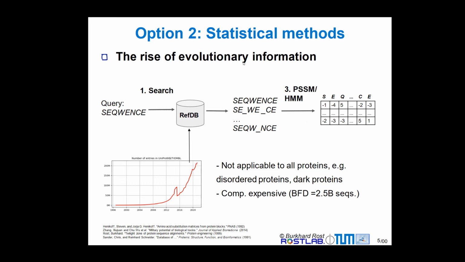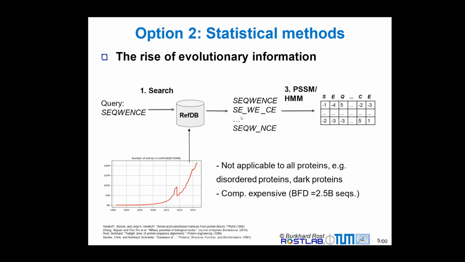This is then what we call evolutionary information, and you can condense this evolutionary information in multiple sequence alignments, where you just summarize all the related proteins you found to your query protein in these reference databases. And then you can summarize, again, the multiple sequence alignment in concepts like position-specific scoring matrices or hidden Markov models. So in the simplest case, you can just think about these vectors that you create here for each column in your multiple sequence alignment.